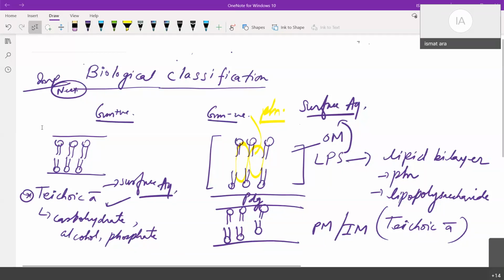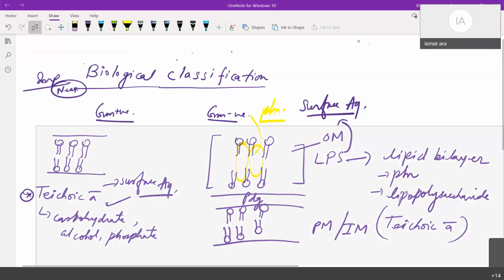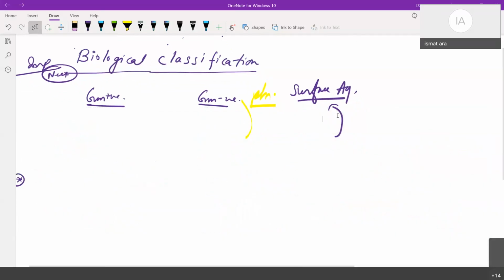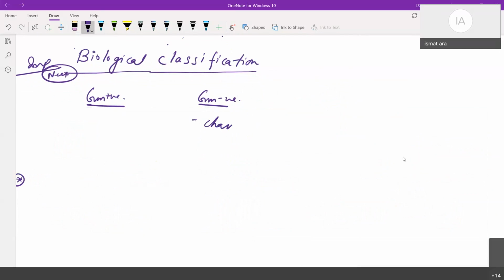Let us see some more differences between gram-positive and gram-negative bacteria. Now, in gram-negative bacteria, some channels are present, which I have just shown you.